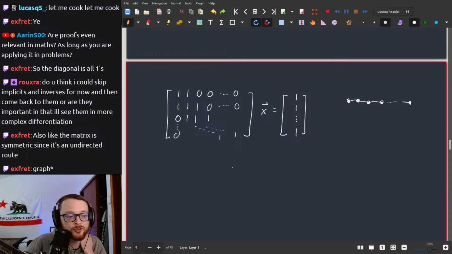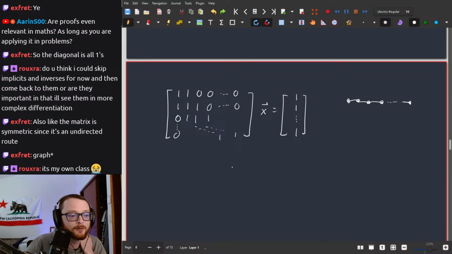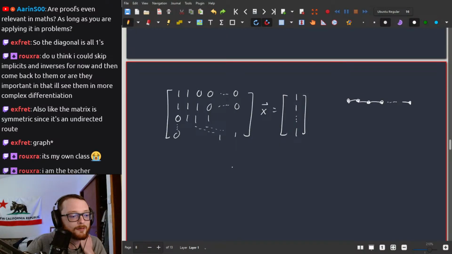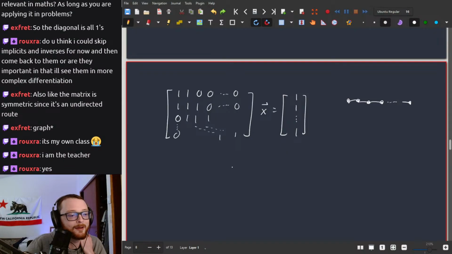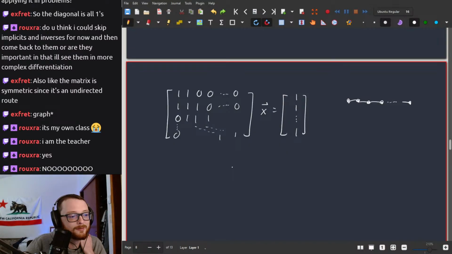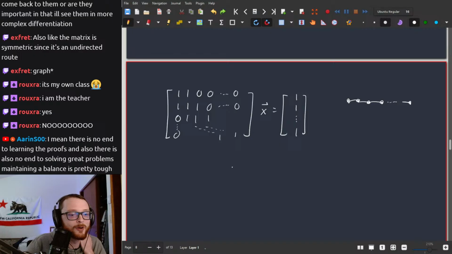And knowing implicit differentiation does give you some shortcuts to make certain types of derivatives easier to calculate. This is like self-study, you mean? Oh, okay. I would not skip implicits. Inverses, I don't think those are a big topic, but you could skip implicits if you really want to. It's good to know those, and they're not that bad.